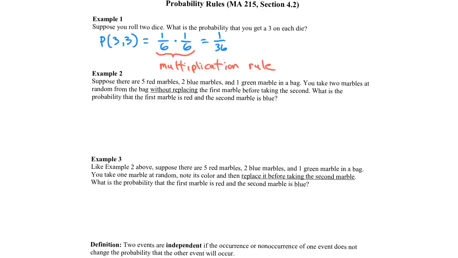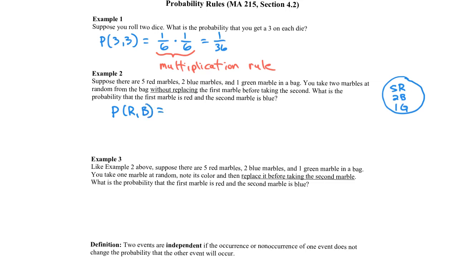So just to make a little picture here. So here's what we've got. We've got 5 red, 2 blue, 1 green. And they want to know, what's the probability that the first marble is red and the second marble is blue?